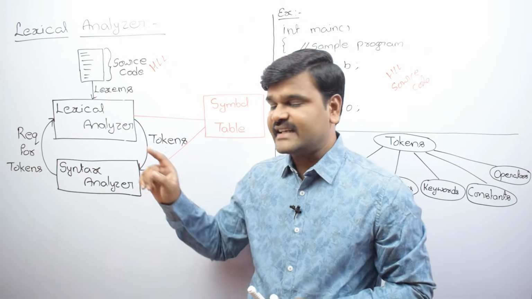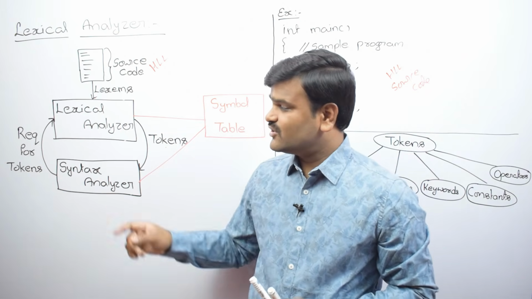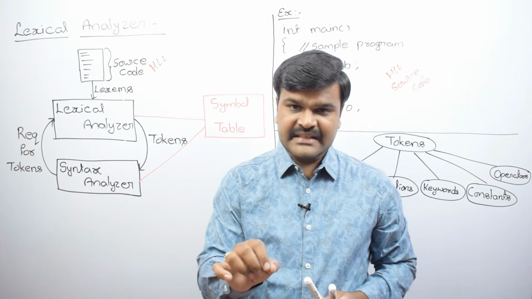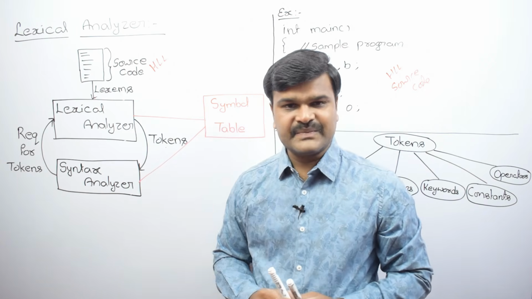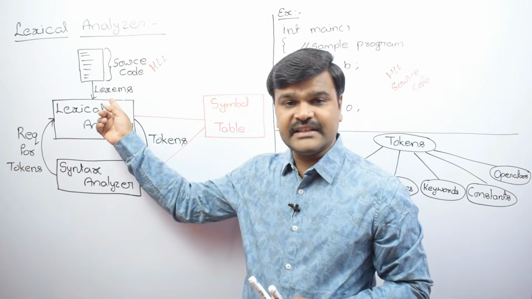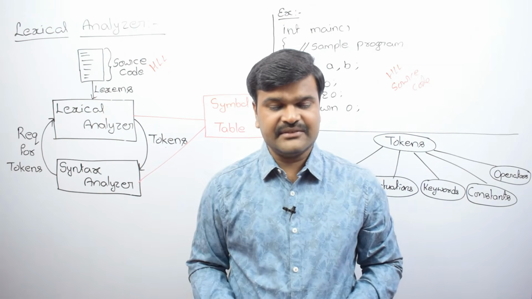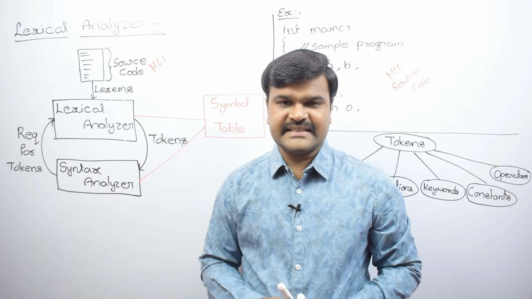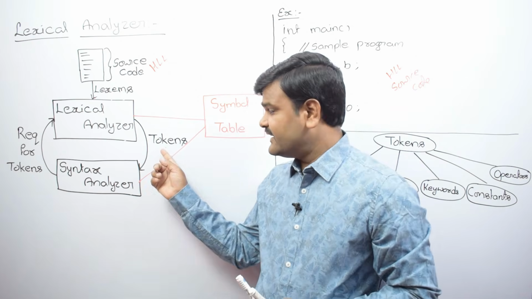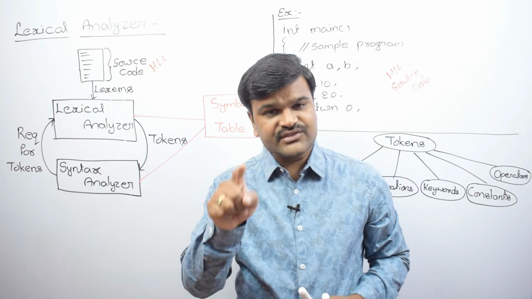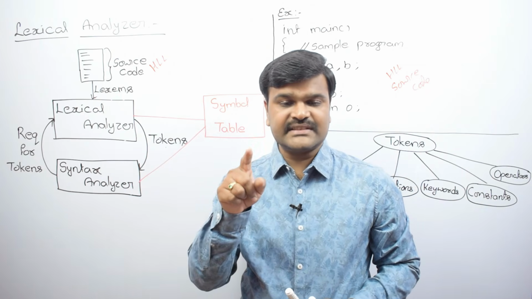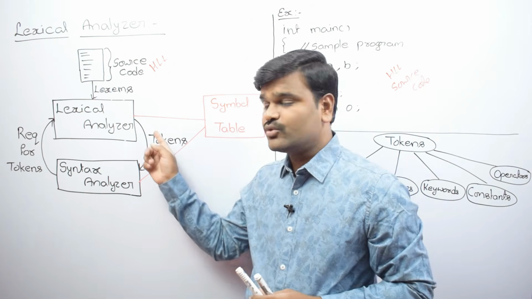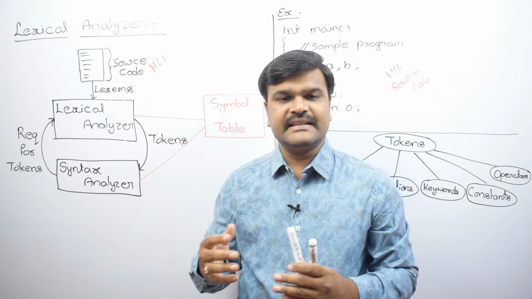A stream of characters with logical meaning is called a token. A lexeme need not have a logical meaning, but a token definitely has a logical meaning in that programming language. That is why these two definitions are different.